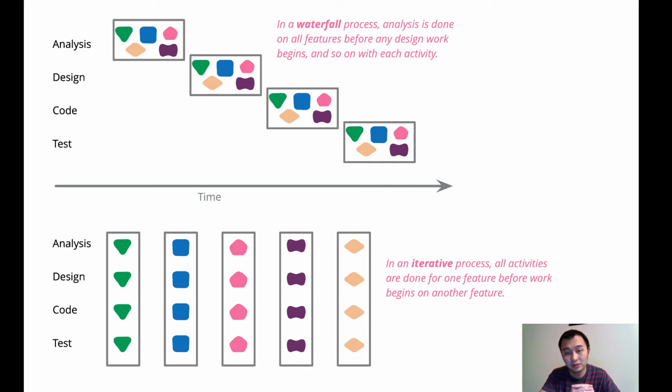In the actual world, you still perform analysis, design, code, and test, but you only do it for one feature or one requirement at a time. You do not have visibility into all of the other requirements.